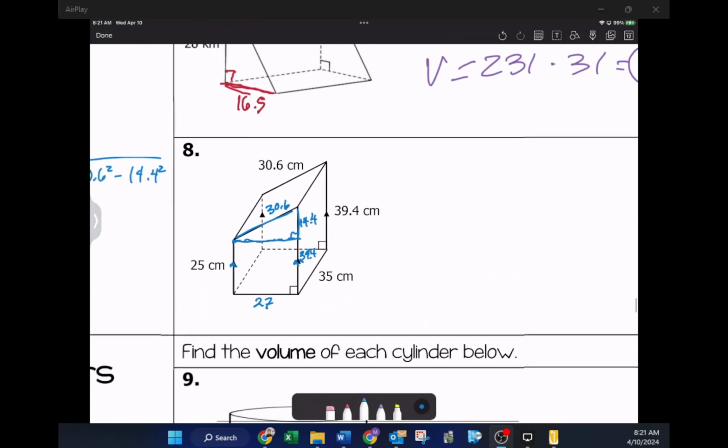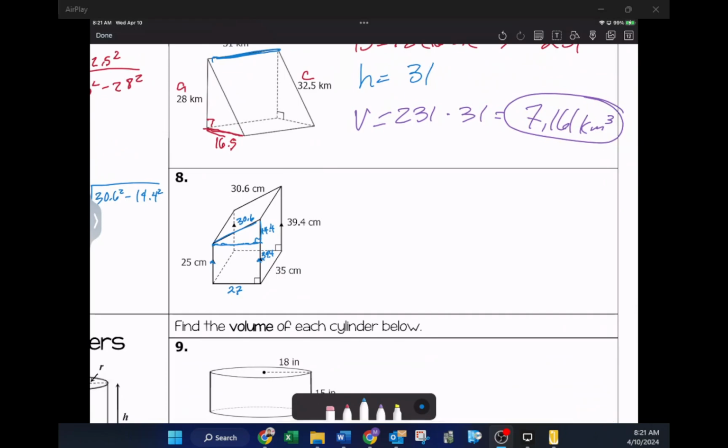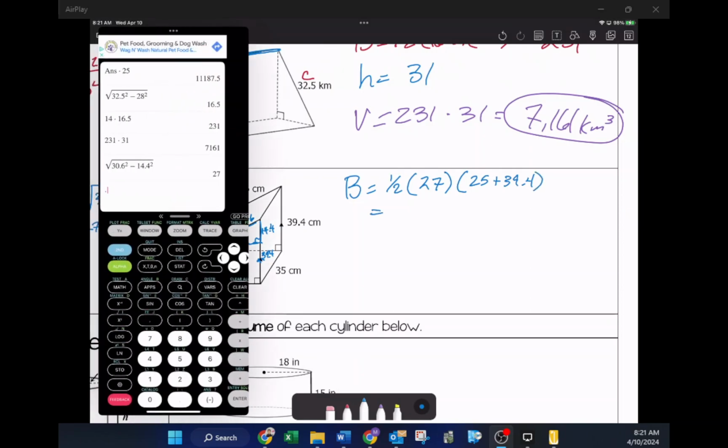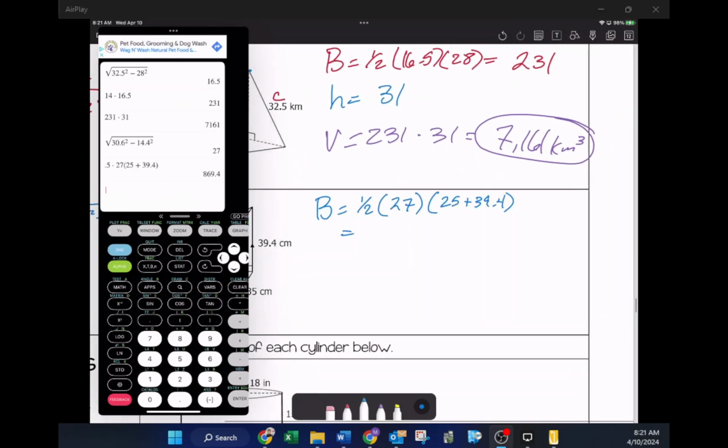So, with that, area of the base is 1/2 the height, which is 27, times the sum of the bases, 25 plus 39.4. Which gives you 869.4.